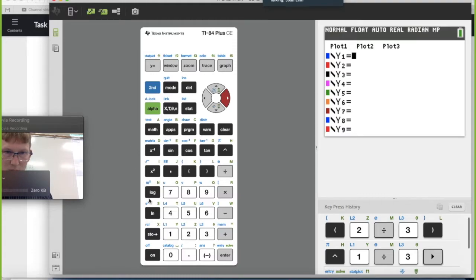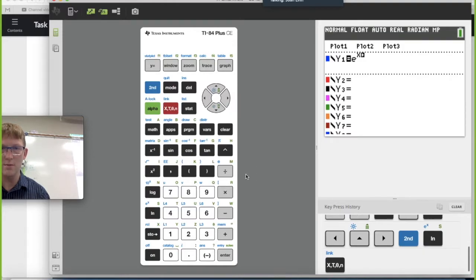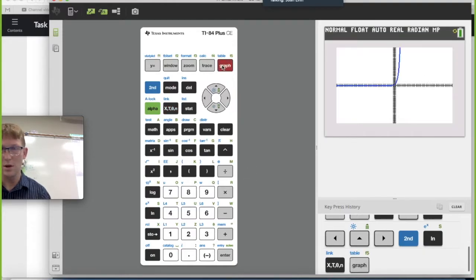Let's see, where is e? Right here, it's a second function, e to the x. This ln stands for natural log, and the opposite of a natural log is e to the x. Again, you'll learn more about that later, but for now we're just going to use our second function, e to the x. We'll put our variable there and we can graph it.